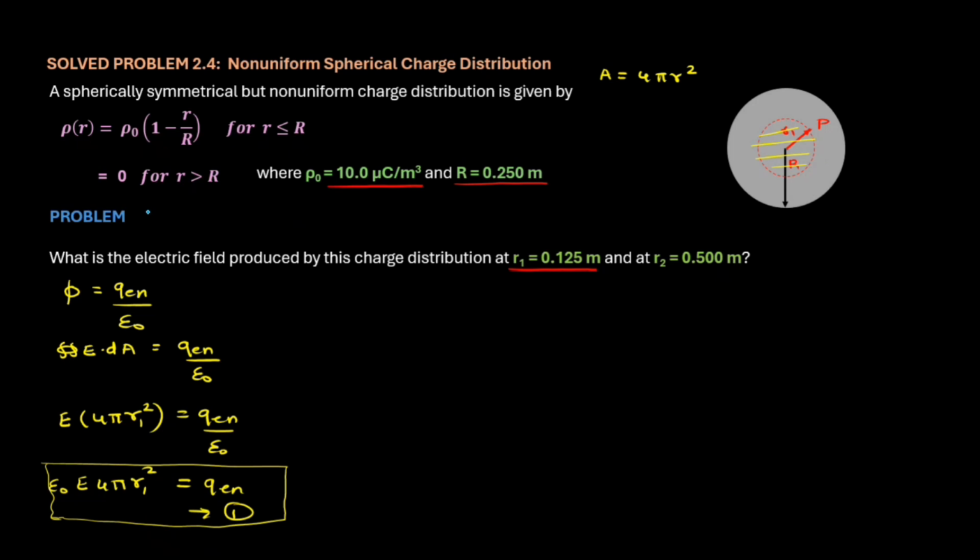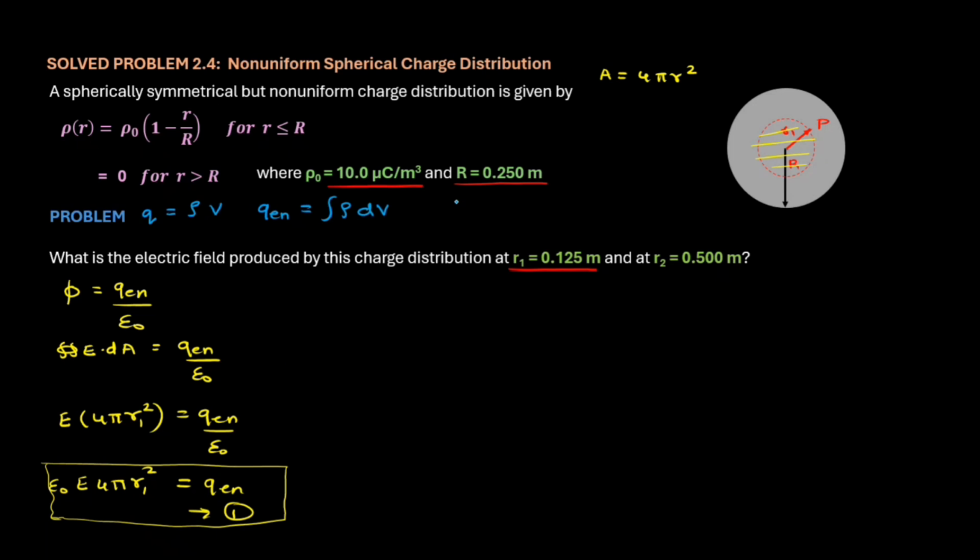We know that total charge Q for a spherical volume can be found by multiplying the volume charge density with the volume of the sphere. But here my volume charge density rho is not constant. It is varying as a function of distance r. So I can find the charge enclosed by integrating the charge density over the entire volume.